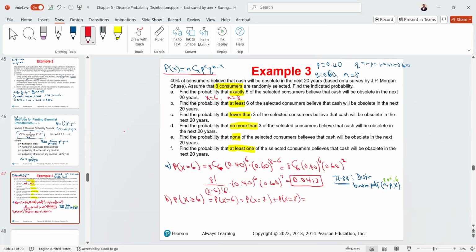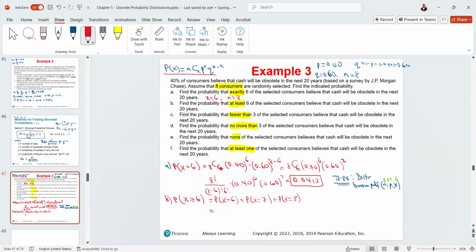When X is 6, we're going to do 8C6, 0.40 to the power 6. You know what? I'm going to put it at the bottom because I feel like I won't have enough space for it.